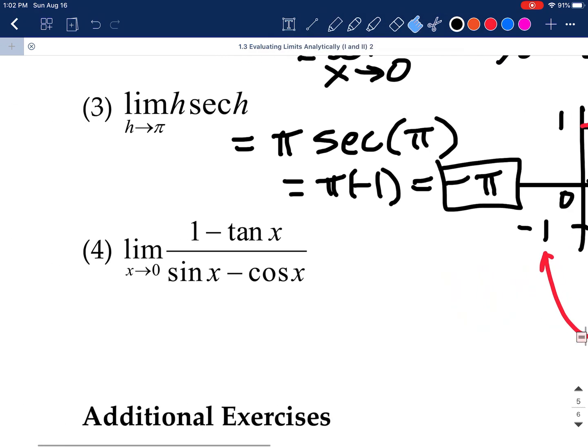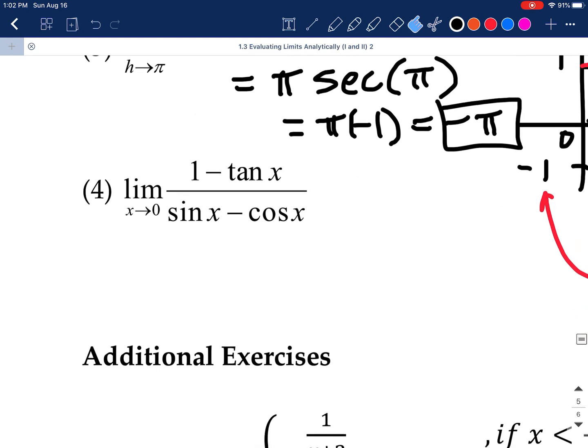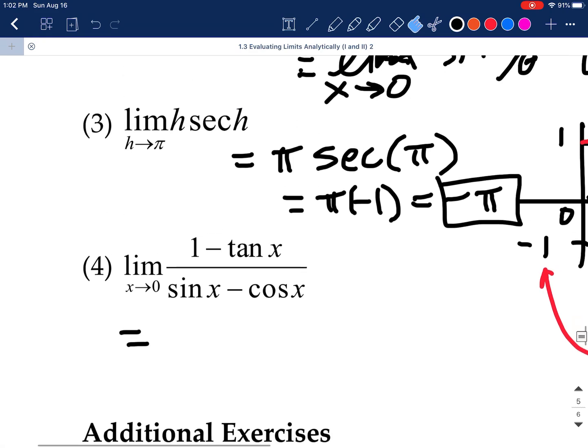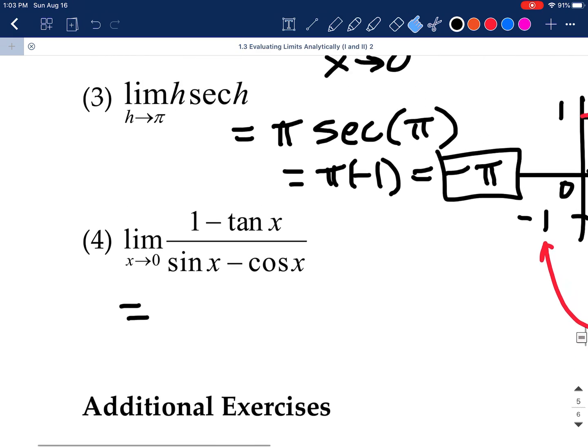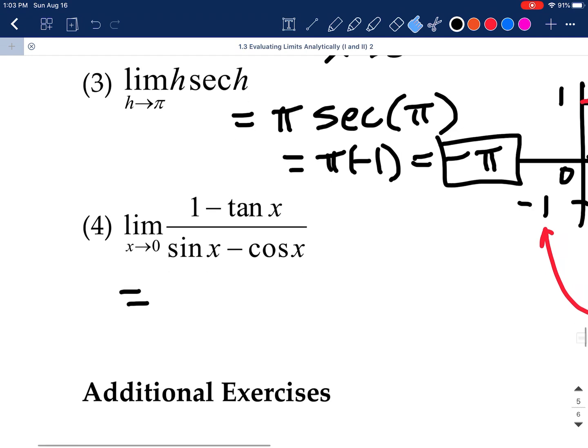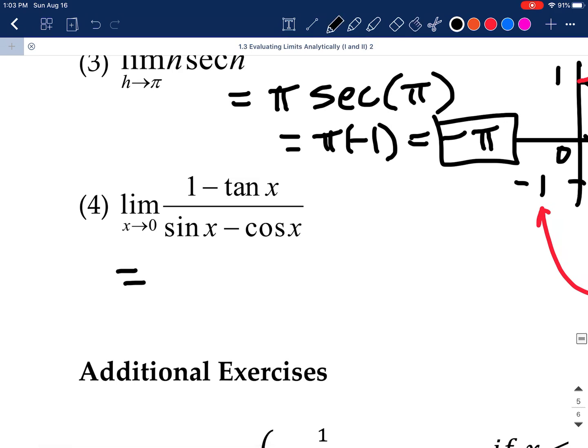Okay, and our last one, let's see. This one looks complicated. Oh. And no, for number 3, I just did direct substitution, right? No method needed. So don't assume that you have to use some special trig limit until you get that 0 divided by 0. So we'll do the same thing here.